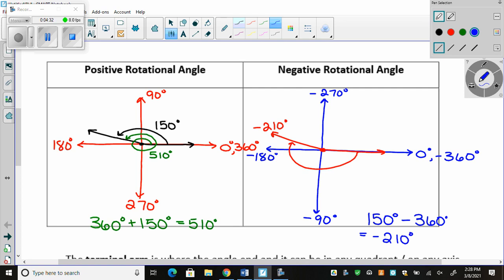So for coterminals, all I'm going to do is add 360s on to my initial standard position. Standard position is an angle that falls between 0 and 360. So I can subtract 360 from that and get a whole bunch of negative coterminal angles, or I can add 360 to that and get a whole bunch of positive coterminal angles. So there is not a limited amount of coterminals. I could find an infinite number of them, unless I restrict the domain, which we will do.